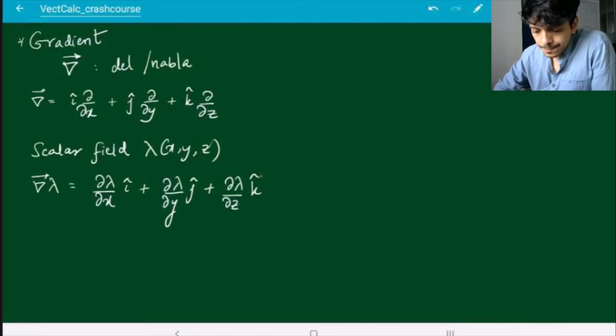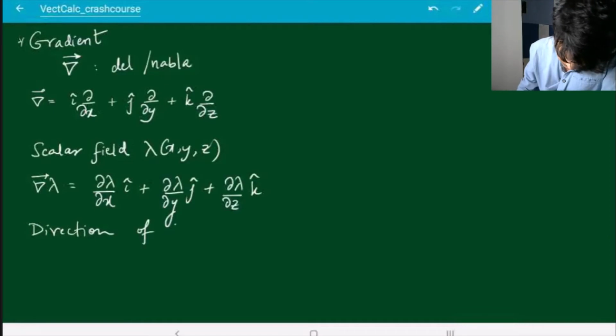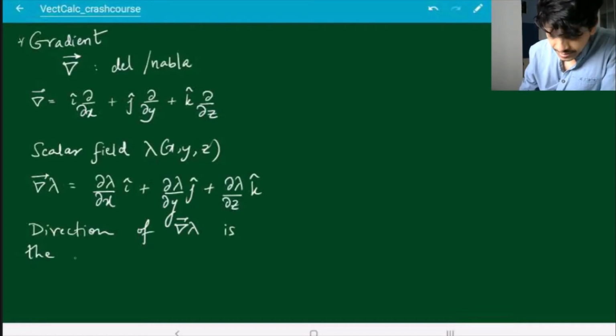So you can see that taking the gradient of a scalar field has actually given us a vector field. The gradient of a scalar is a vector, which means it has a particular direction. What is that direction? The direction of the gradient is the direction in which the scalar field is increasing fastest.